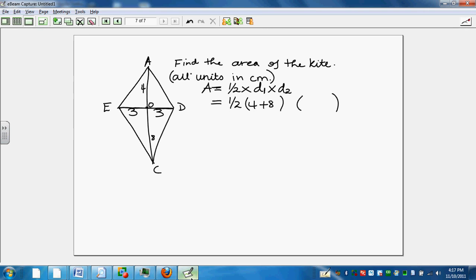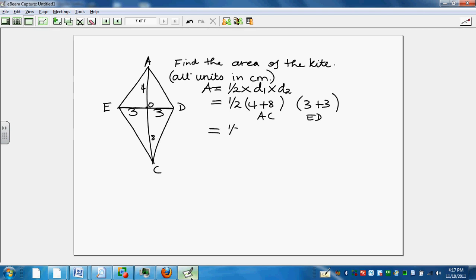Okay, this here will be AC. And then we'll work out the other diagonal, which will be from E to D. That will be D2. That will be 3 plus 3.